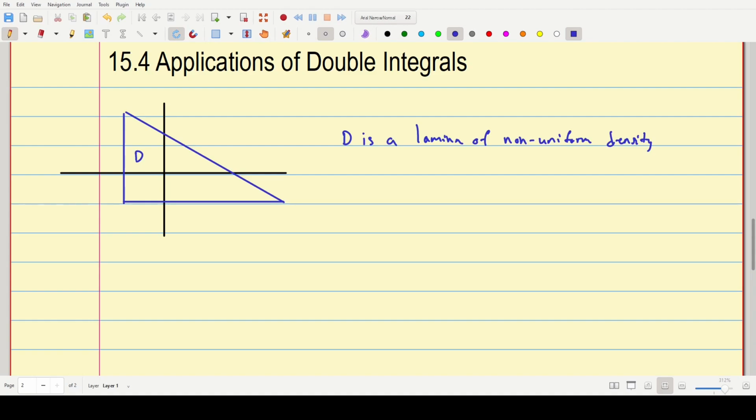All right, but unlike when we attacked these problems in Calculus 2, where we assumed that the lamina had a uniform density, we are going to assume that there are variations to the density, fluctuations, because that makes the problem harder and we couldn't handle it back in Calc 2. But now we know what we're doing. Okay, so what we can do is we can ask ourselves questions like, what is the center of mass?